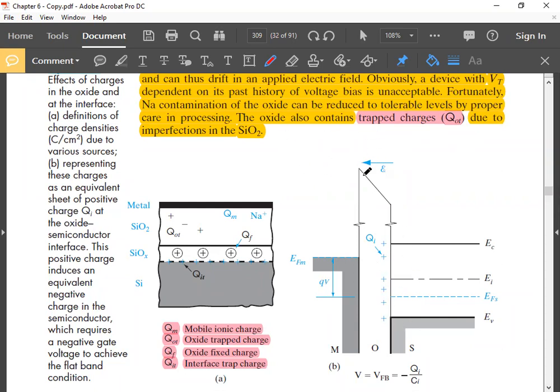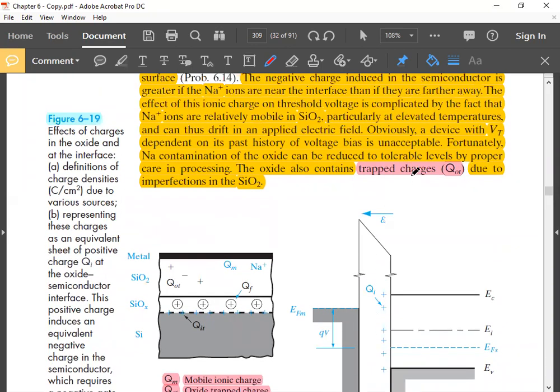In a subsequent step, if you want to use this MOSFET, the threshold voltage will depend on this position of the mobile charge, which came from the previously applied polarity of the voltage. The ions came here from the previous plus-minus, and that is determining the threshold voltage. So this is unacceptable.